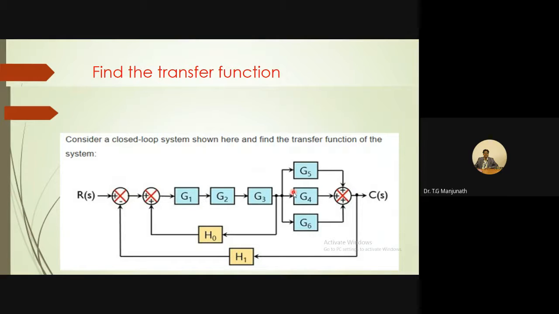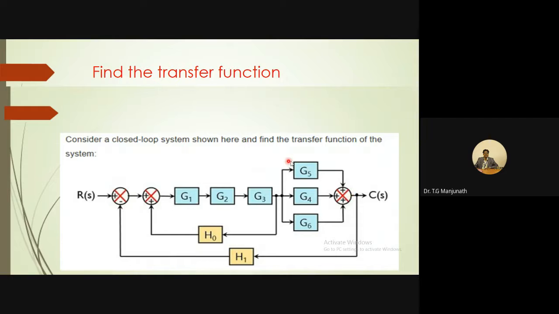Then here blocks G4, G5 and G6 are said to be in parallel. When blocks are in parallel, the signal to the blocks comes from the same point, and the outputs are connected to a single summing point with either positive or negative sign.